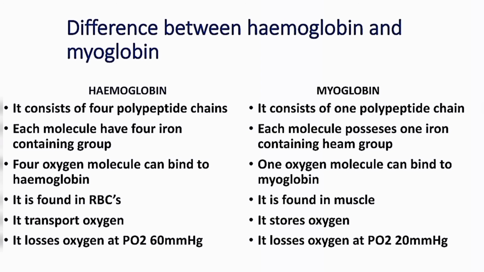So these points are related to each other: hemoglobin transports oxygen, so it usually loses oxygen at 60 mmHg, but the myoglobin stores oxygen, so it loses oxygen when the partial pressure of oxygen becomes too low, at 20 mmHg. I hope you understand the difference between the two and understand both of them clearly.